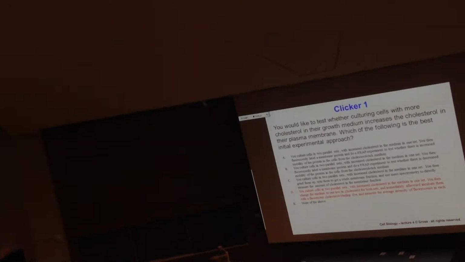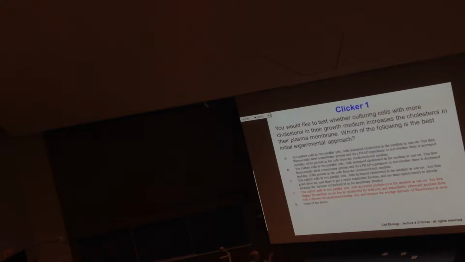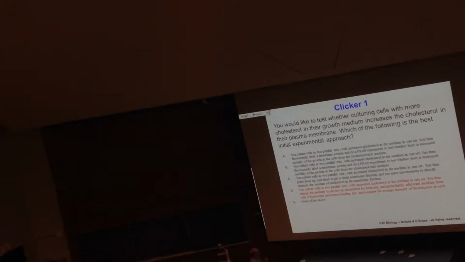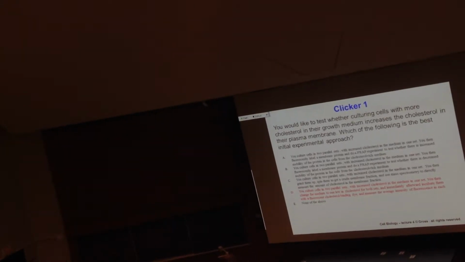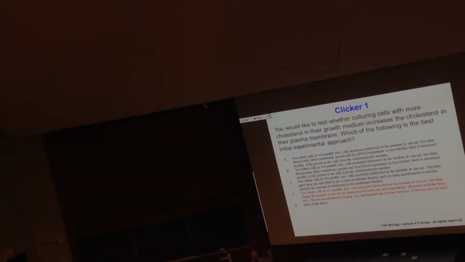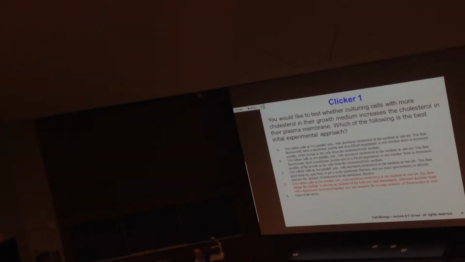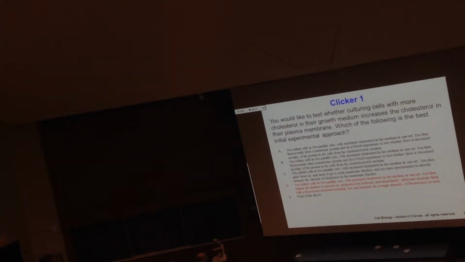So why don't I think it's the best answer? Well, the reason that you don't use C is that when you grind things up, you're going to get internal membranes and you're going to get plasma membrane, and so you don't know what's what. If there were increased cholesterol in the membrane fraction, you don't know which membrane it is, and this specifically asks about the plasma membrane.